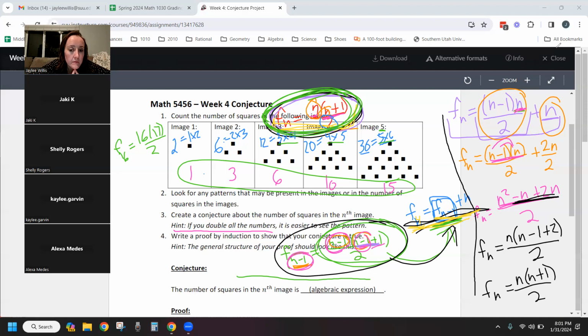So let me see if I can do this by putting some numbers into it. If I'm looking at the induction formula that we wrote down, and I have an f of n minus 1, say I'm looking at the second and third term, or if n was the third term, or 3, then n minus 1 would be 2, right?